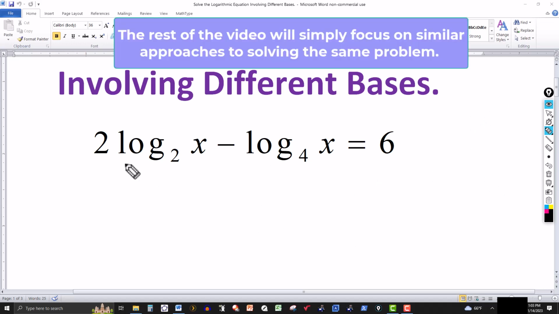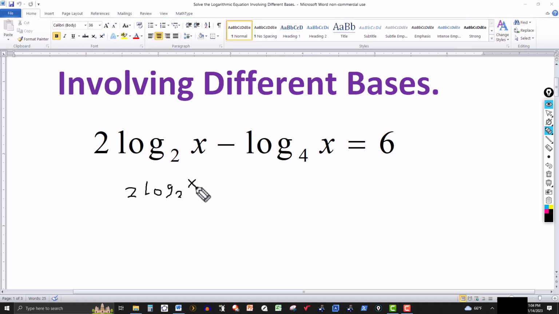Now this is basically the same sort of thing, except now I'm going to use base 2. So I want to change everything to base 2. Well, this one already has base 2 there, so let's just put 2 log to base 2 of x minus. And this one has base 4, so let's just do this.